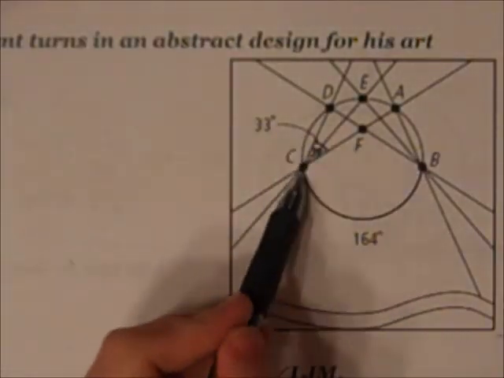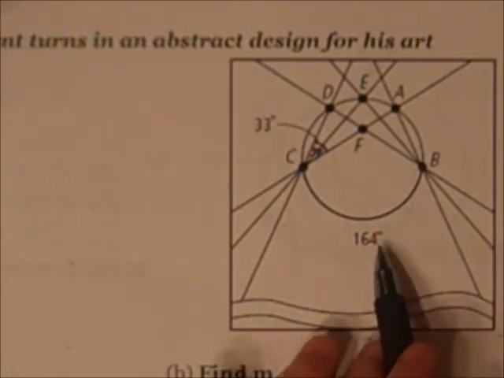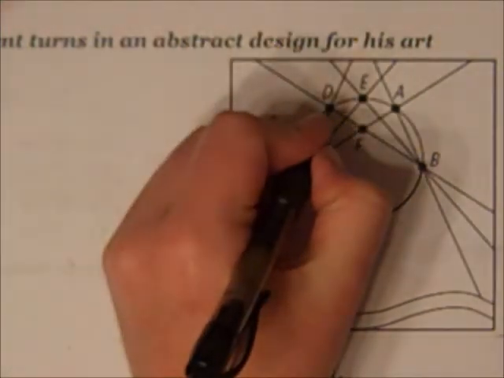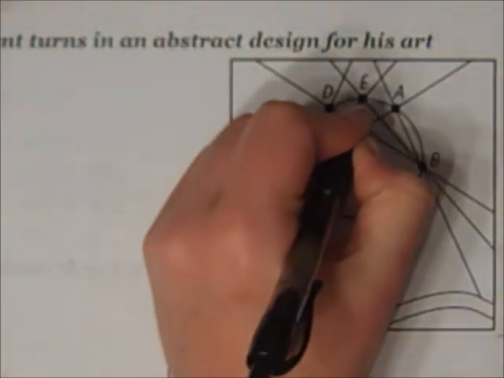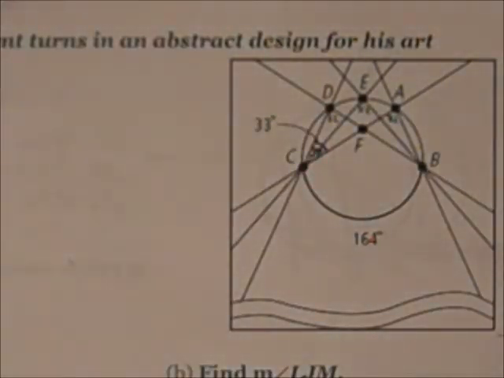Then this arc over here is 164, and you'd say that corollary 11.4.2 says if multiple angles go to the same arc, then those angles will be congruent. So if this arc is 164, then that means this angle is 82, this angle is 82, and this angle is 82. So that might not help us, all three of those, but maybe one of them will.